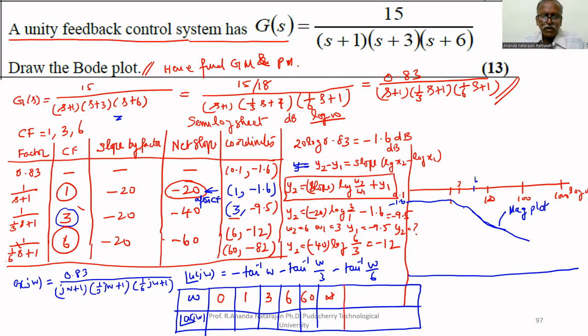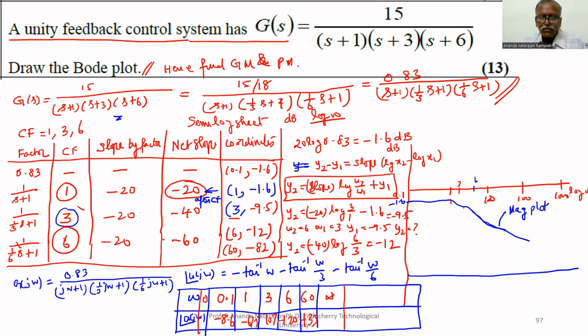When it is 0.1, we missed 0.1, the angle is minus 8.6. When 1, minus 67.5. When it is 3, minus 107. And when it is 6, it is minus 120. And when it is 60, it is minus 133.